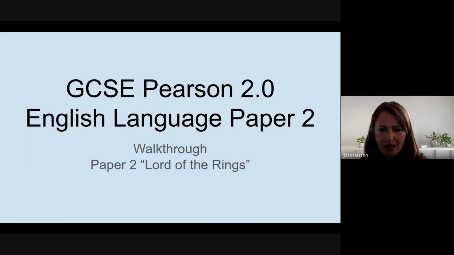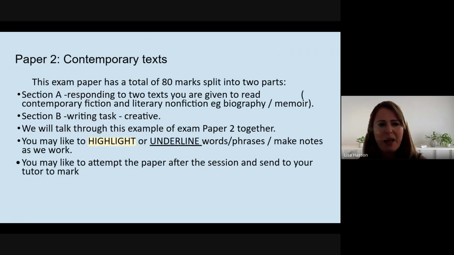As we have a little look at this paper, we'll remind ourselves that Paper 2 is looking at contemporary text. So if you've just sat Paper 1 and you're about to sit Paper 2, you can forget the Victorian text now, because your texts are of this period, usually the late 20th, early 21st century. This exam paper has a total of 80 marks split into 2 parts, as does Paper 1.